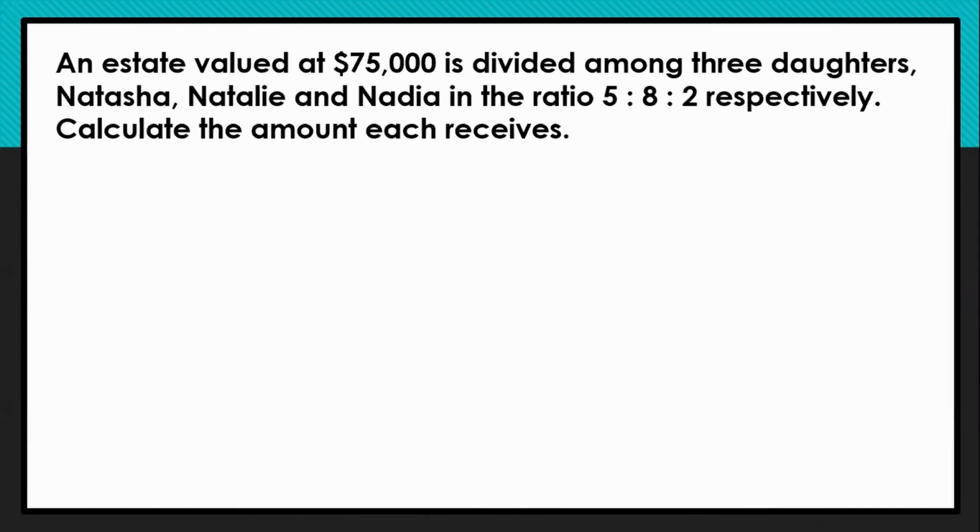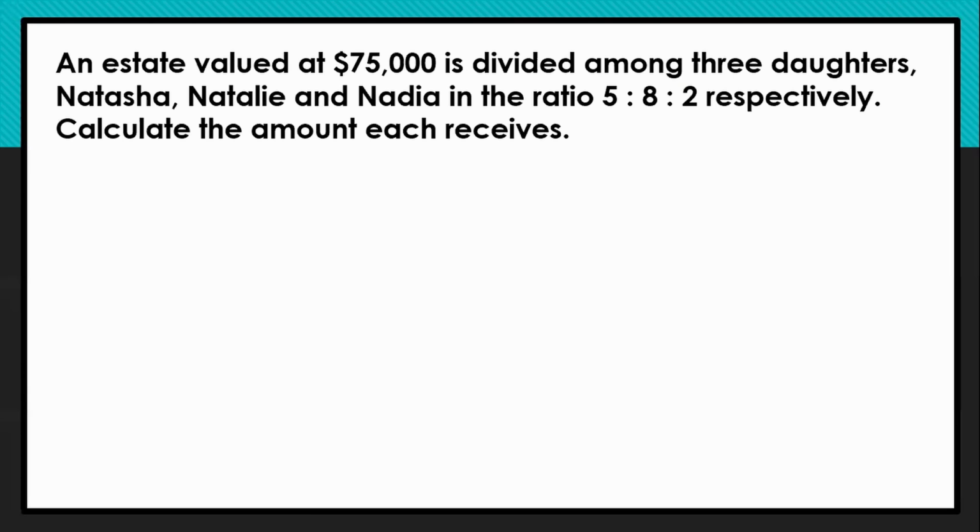In this example, an estate valued at $75,000 is divided among 3 children. The names of these children are Natasha, Natalie, and Nadia in the ratio 5:8:2 respectively. We are asked to calculate the amount each receives.